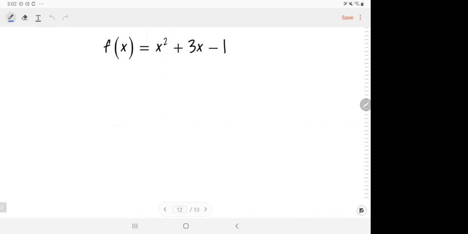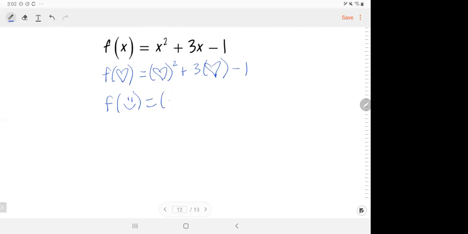So if I have f of x equals x squared plus 3x minus 1, I could say f of heart. And that heart, all I'm going to do is plug it in right here. I could have a smiley face. My smiley face gets plugged in right there.